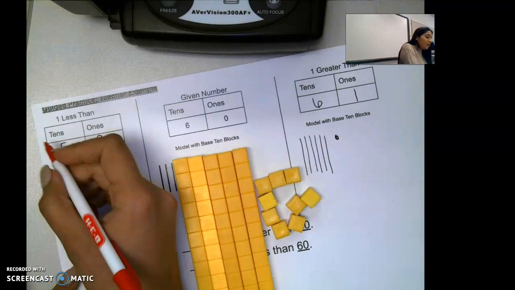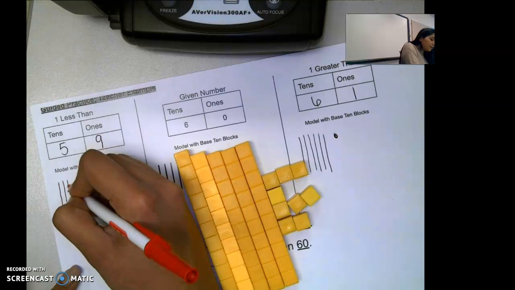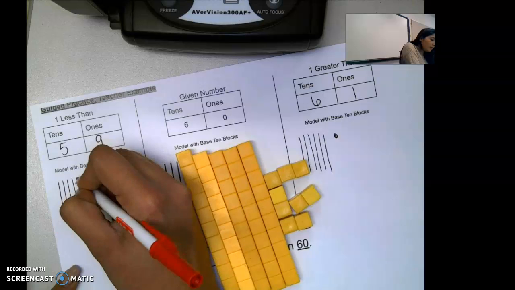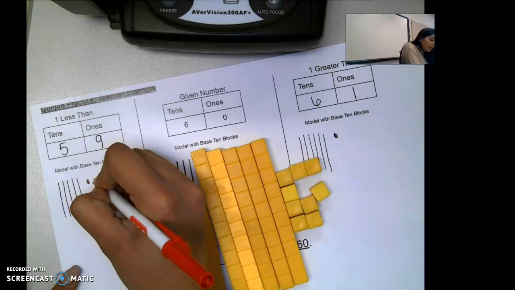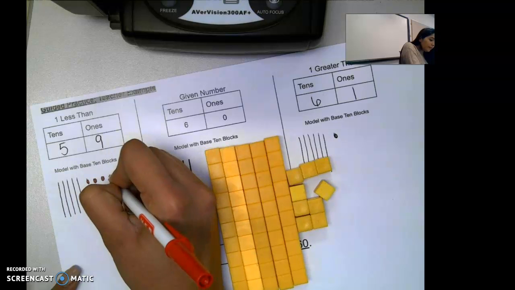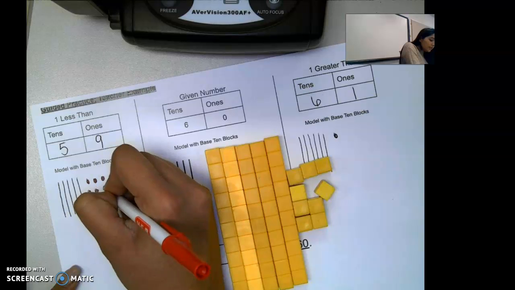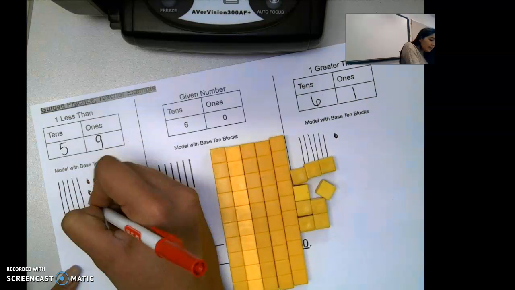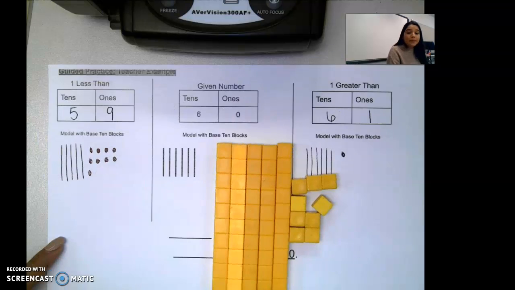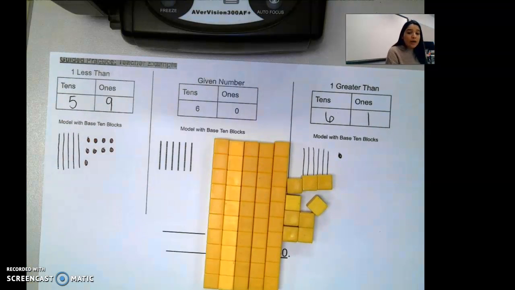I'm going to go ahead and draw my model, my 5 tens. 1, 2, 3, 4, 5, and my 9 ones. 1, 2, 3, 4, 5, 6, 7, 8, 9. So now I have the number 59 after I took 1 away from 60.